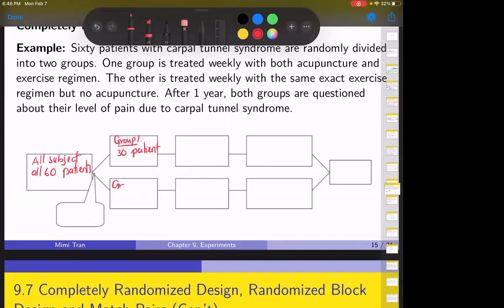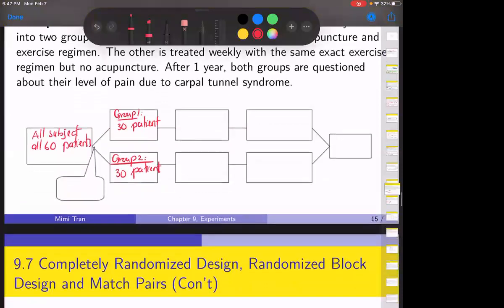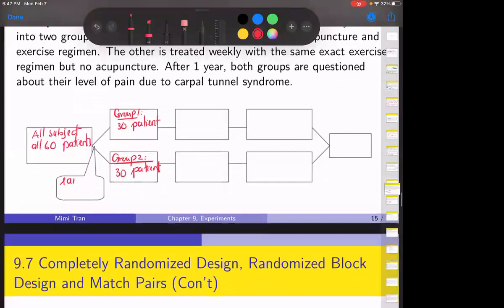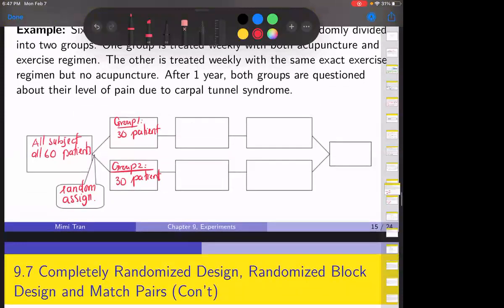And same thing with group 2, right? What about this one? You put them into groups by randomizing them, or randomly assigning them into each group. Random assignment. And then this box. Good.